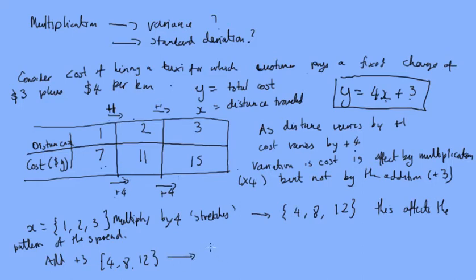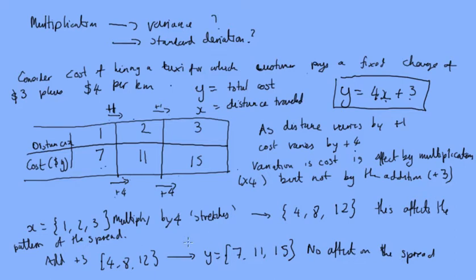That's then going to go to y equals 7, 11, 15. There's no effect on the spread. So the adding of the 3 doesn't affect the spread.